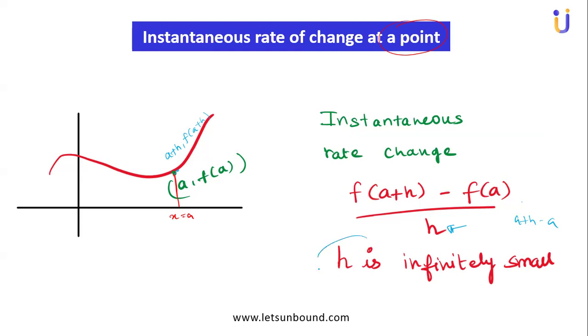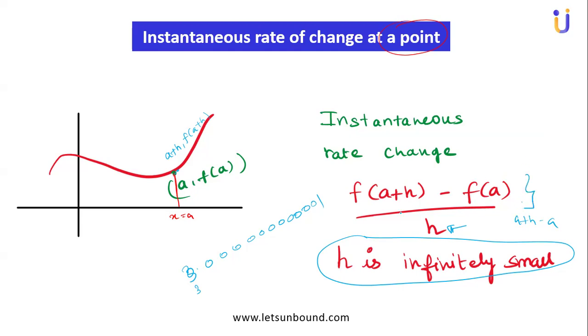So if this h is infinitely small, like 0 point, millions of zeros followed by 1, that is infinitely small, but still it's a distinct point. Like 3 and 3.001, they're very close, but they are still distinct. So this is the instantaneous rate of change at a point concept. It's still a quotient that looks like this, but your h is infinitely small.